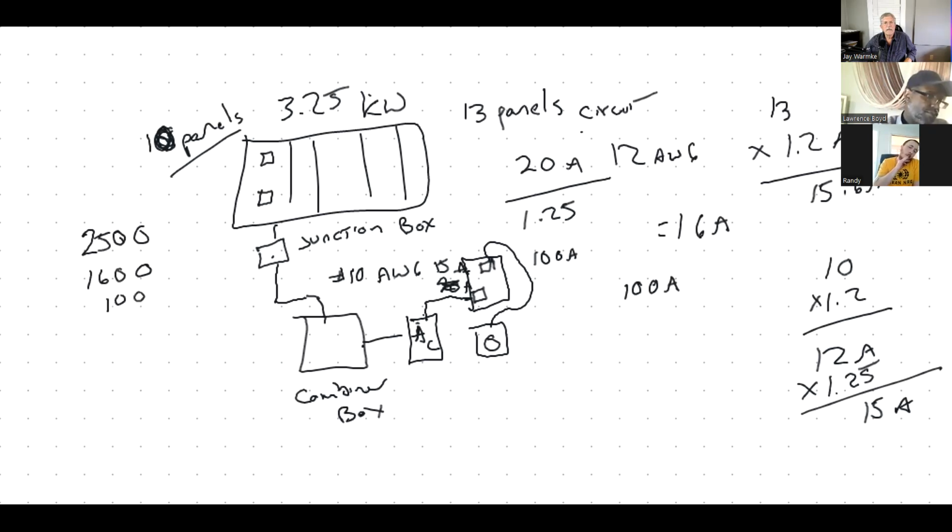The combiner box is $700. The AC disconnect, let's call that $100. The racking system for a small system like that, probably in the neighborhood of $1,000. And then the wiring, let's say $400.